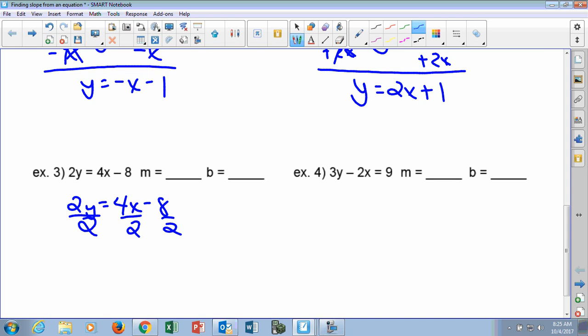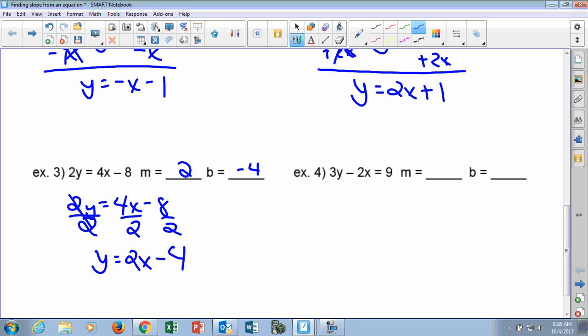Oh, you got to divide everything. Remember, what you do to the left side, you have to do to the entire right side. So just think about how it changes it now. So what's 2 divided by 2? Right, 1. What's 4 divided by 2? And then what's 8 divided by 2? 4. So what's my slope? 2. What's my y-intercept? Good.